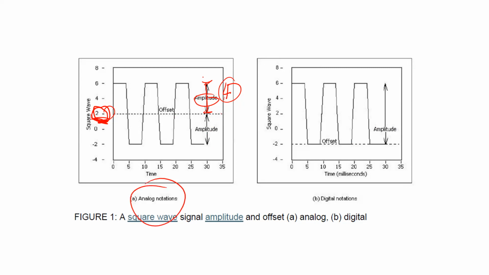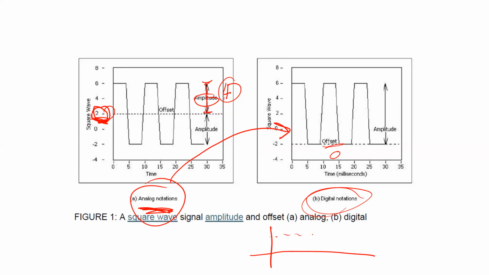If I want to generate in case of digital notation, offset usually has to be 0, and then amplitude should be 5. But if you want to use analog notation but generate a digital signal, what you have to make sure is that it has to be 5 volt here, and it has to be 0 volt here.